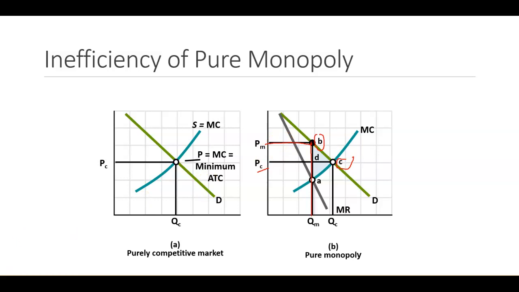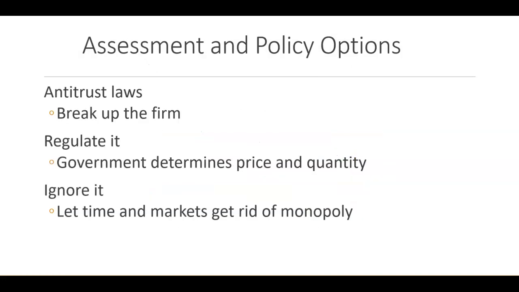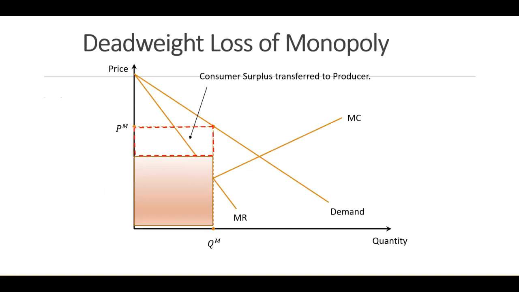Okay, so in this way, monopolies are not considered to be efficient and are often under investigation by the Department of Justice. Some of the things that are conducted are breaking up the firms through antitrust laws, regulating the firms, and sometimes they just ignore the firms and let the markets get rid of monopoly through new innovations.